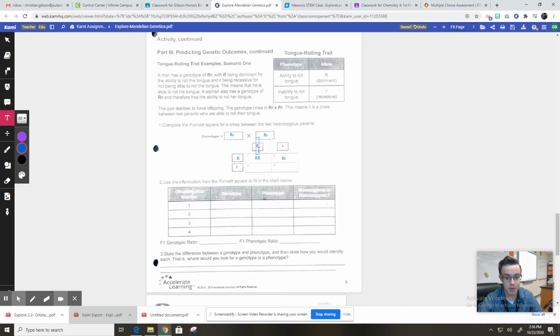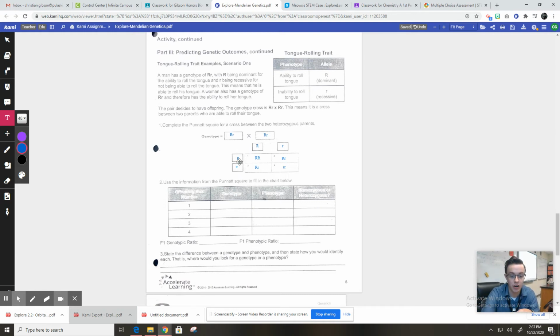And here we have the big R intersecting with the little r for box 3. There we go. And here we have the little r intersecting with the little r for box 4. Homozygous recessive. Okay, so there are all the possible genotypes that the offspring could have if one of their parents was heterozygous and the other parent was heterozygous for tongue rolling.